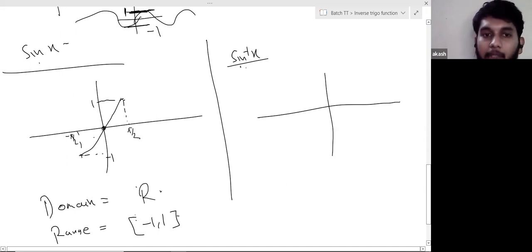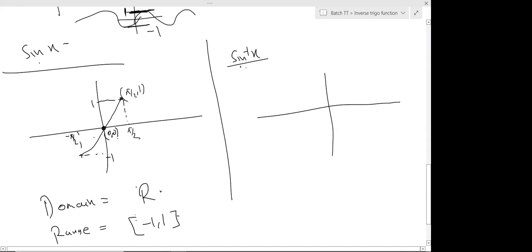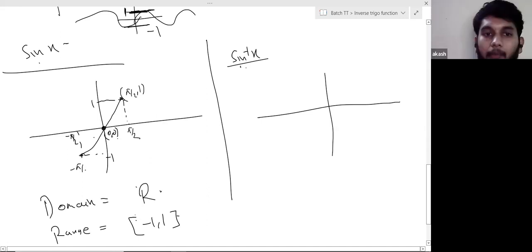Always mark these points. This is 0, 0, so the graph will pass through 0, 0. This is pi by 2, 1, and this is minus pi by 2, minus 1. So when drawing the graph of sine inverse x, reverse these. So 0, 0 will be there, and one point will be 1, pi by 2.